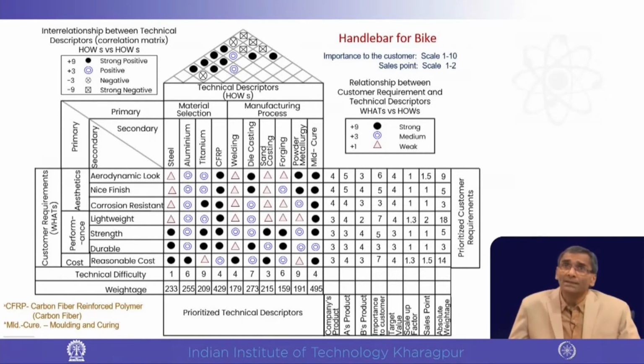If we are doing something with plastic, the material is plastic, and plastic is normally molded either through injection molding or compression molding or some other kind of molding. If we are using aluminum, we perhaps use die casting. So, material and process go like this.